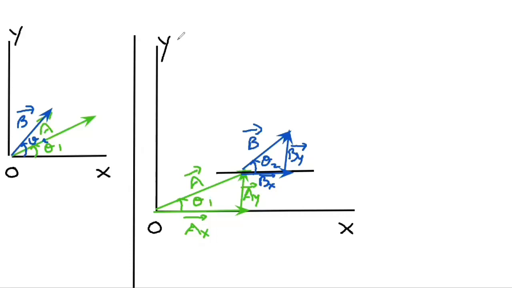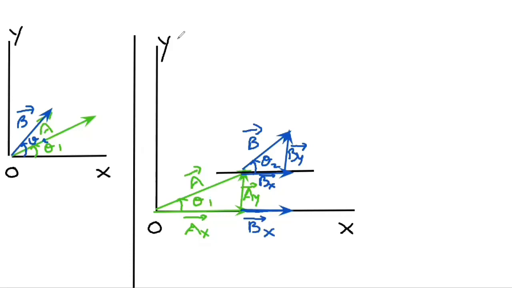Now let us bring this BX on x-axis so that both vector AX and vector BX lie on the same line. So I am going to draw a vector in the same direction of same length as that of BX. It means this vector is also vector BX. What have I done?